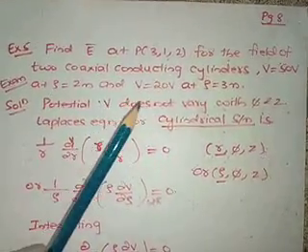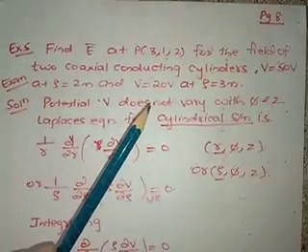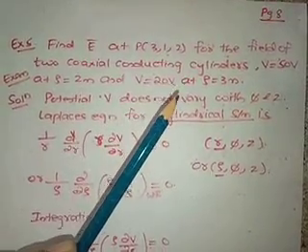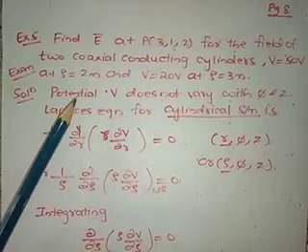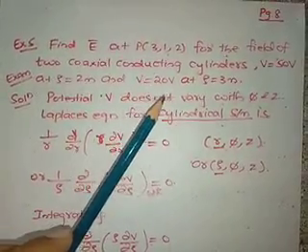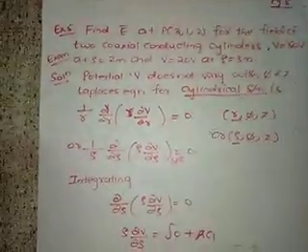Again, it is coaxial conducting cylinders, so it is a cylinder that has been mentioned. V is 50 at rho equal to 2 and V is equal to 20 volts at rho equal to 3 meters.